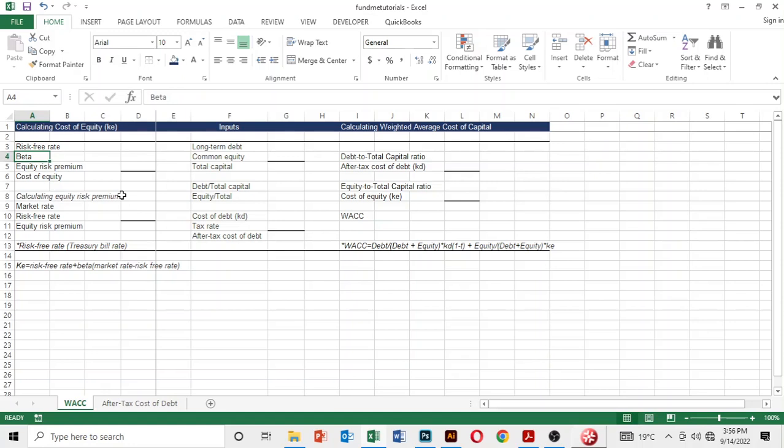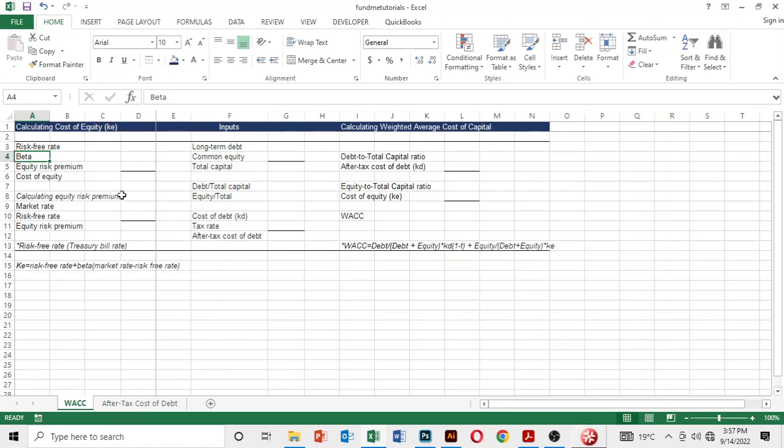Then we've got the beta, right? The beta just shows the sensitivity of the equity instrument to the market. So we are looking at the equity instrument, its movement against the market. For example, we are looking at the company against the movement of a certain index, let's say the S&P, right?